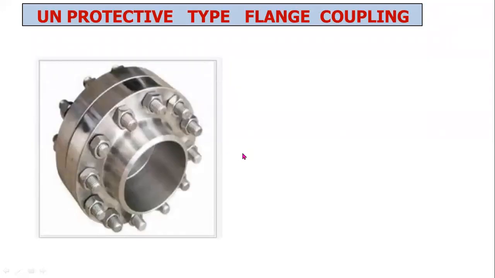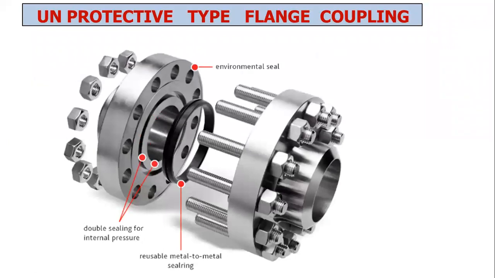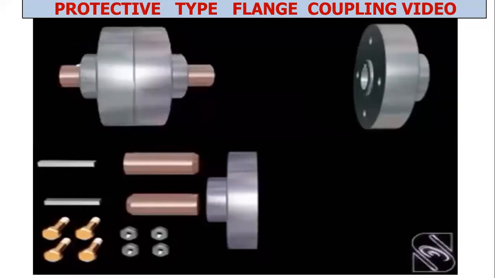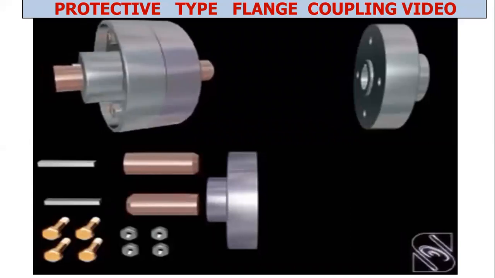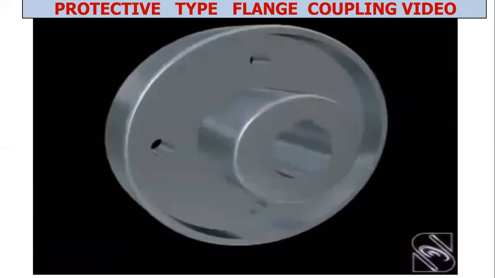This is the example for unprotected type of flange coupling. This is the assembled view of a protected type of flange coupling.